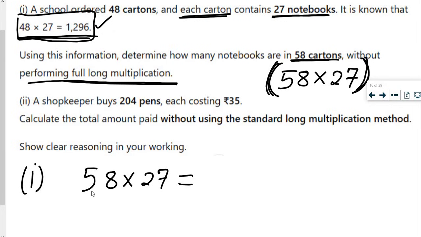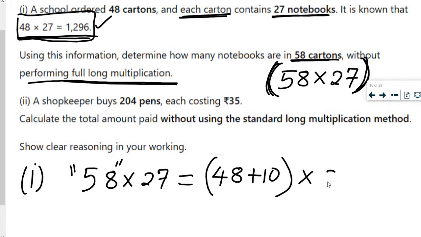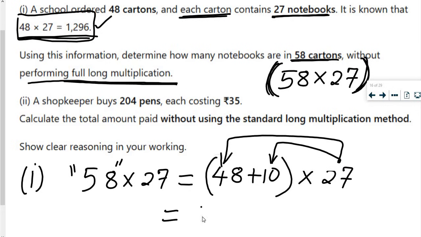So what you are supposed to do, 58, keep it like 48 plus 10, then 48 plus 10 still means 58, and then multiply all into 27. Then open the bracket here. You will have 48 into 27 plus 10 into 27.